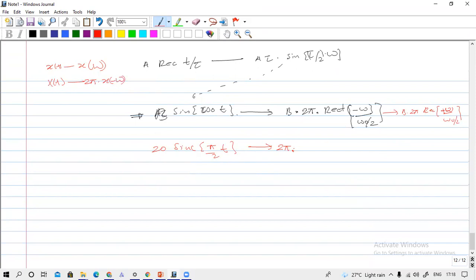So we have 2π here, and amplitude 20, and it is a rectangular one with respect to omega, where you can use plus omega here, omega by omega naught by 2.